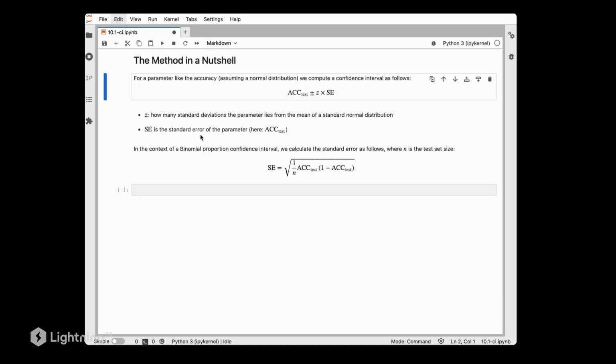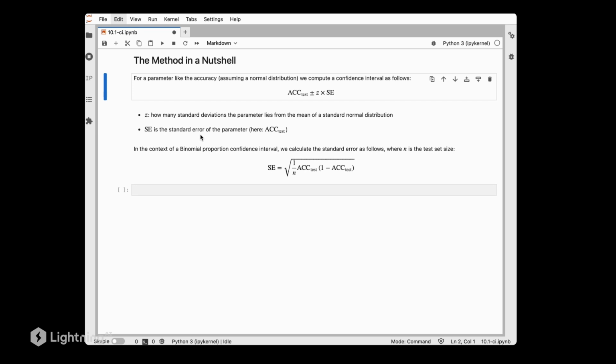So how does this method work in a nutshell? So assuming that we have a normal distribution, and by the way, if you are not familiar with statistical distributions, don't worry about it too much. I will also provide you with more resources, or maybe the best way would be to reach out via Discord or the GitHub discussion page, and I'm more than happy to share more resources with you.